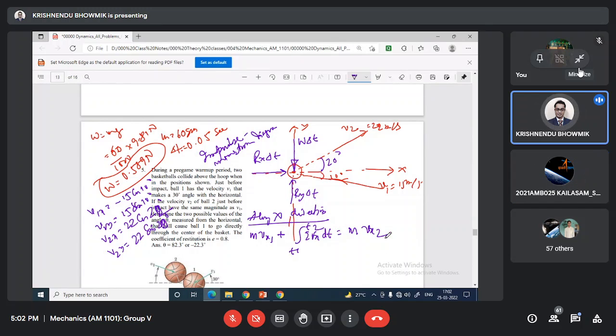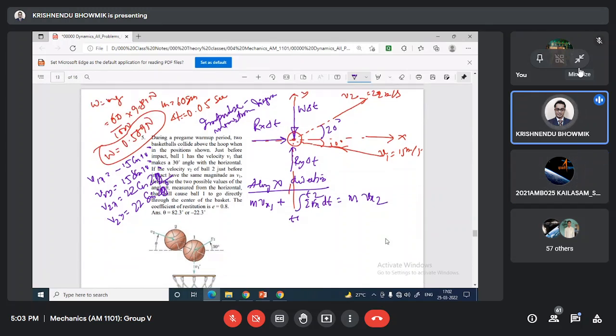Now if I use this expression, sorry, not weight, it is mass only. Mass m equal to 60 gram, 60 by 1000, 0.06 kg.